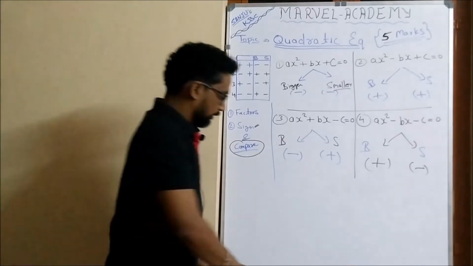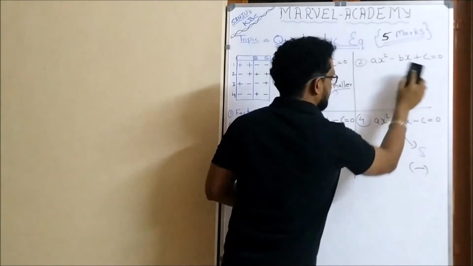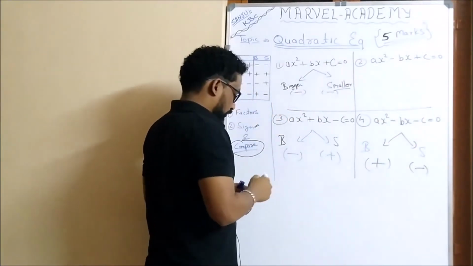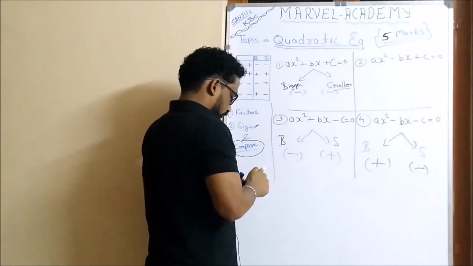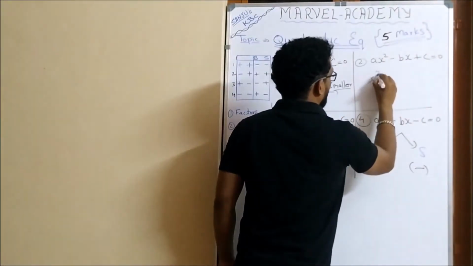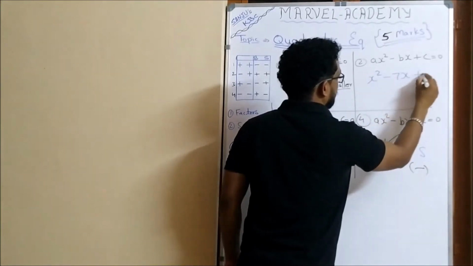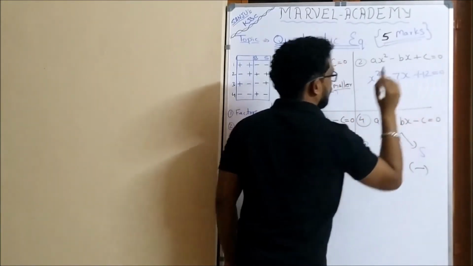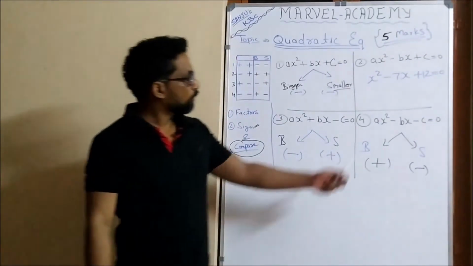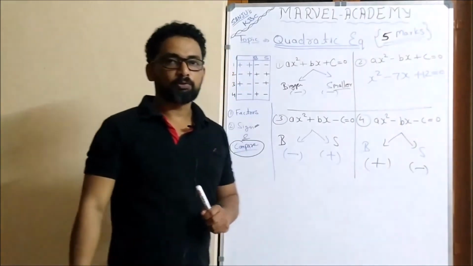Here we take an example of how to put a sign. Suppose my question is x square minus 7x plus 12 equals 0.